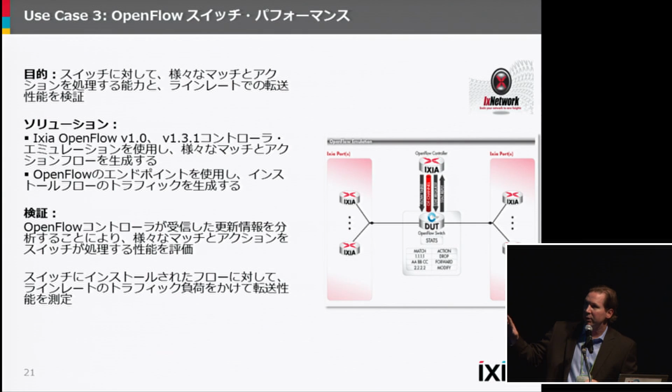You're going to have different performance if you're just doing VLAN-based table match, or if you're matching on a MAC, a VLAN, an IP, multiple fields. And then when you're doing an action, like adding a VLAN tag or changing a QoS value, Ixia can generate it and then validate on the receive side that the DUT is properly modifying the packet.